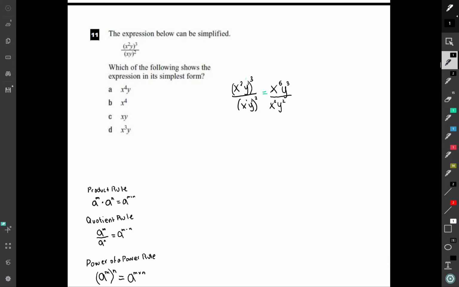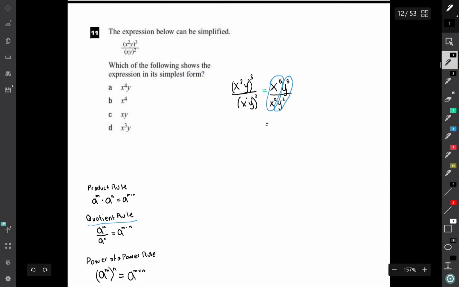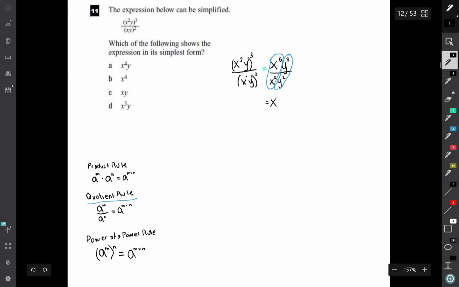Okay. So now I'm going to use our quotient rule. So I'm going to simplify my two x terms, and I'm going to simplify my two y terms. Excuse me. Okay, so my x is going to become 6 minus 2.